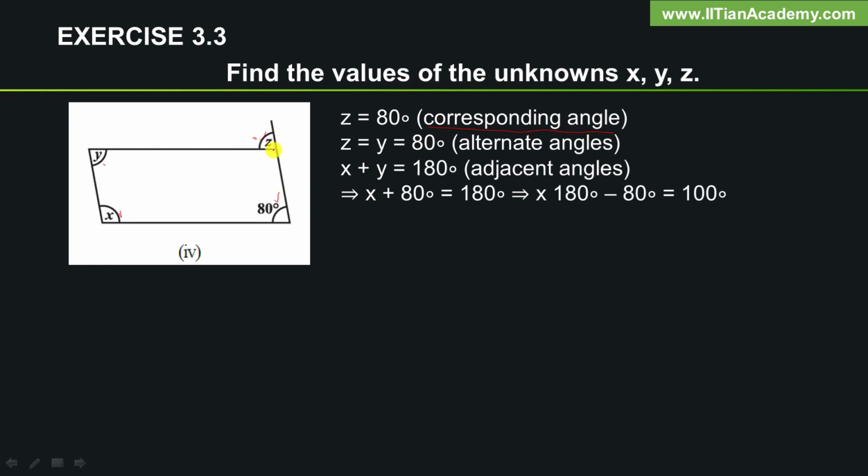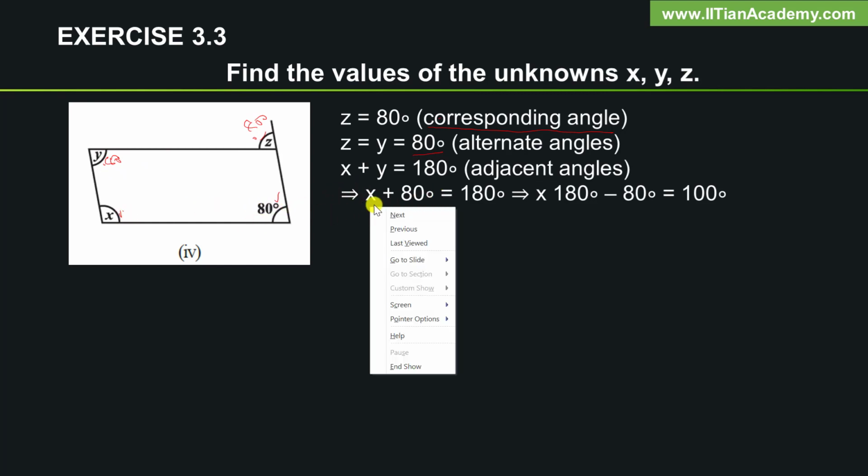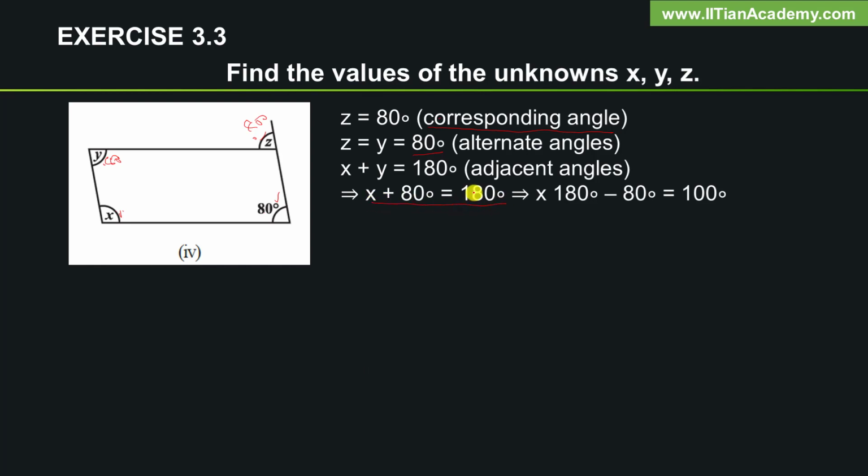Y equals 80, as they are alternate angles of the parallelogram. Now, x plus 80 equals 180, as per the property of adjacent angles of a parallelogram.